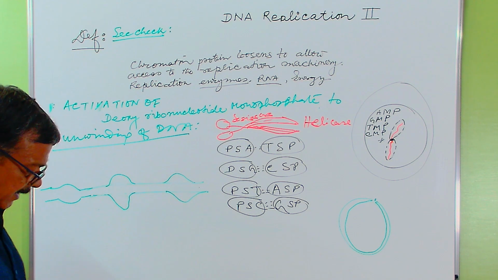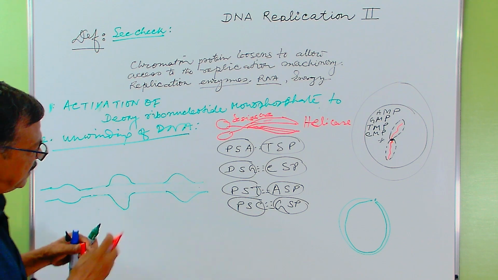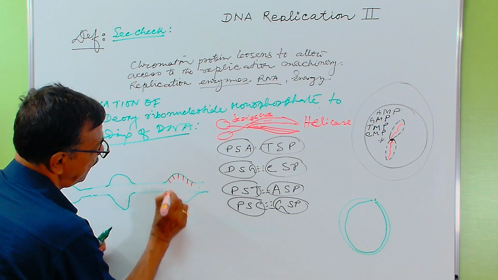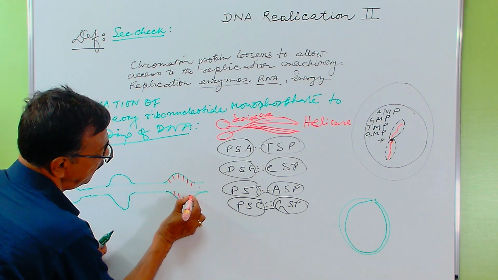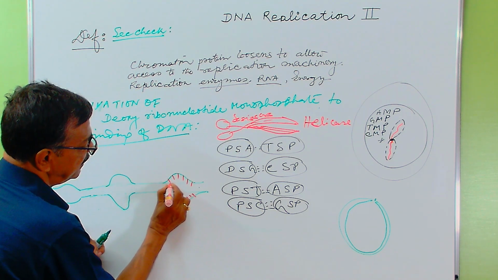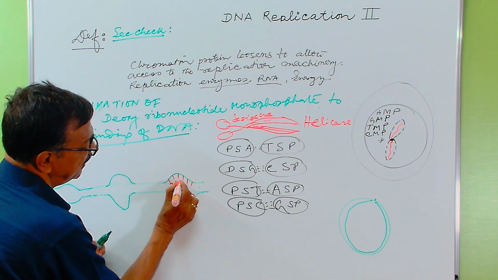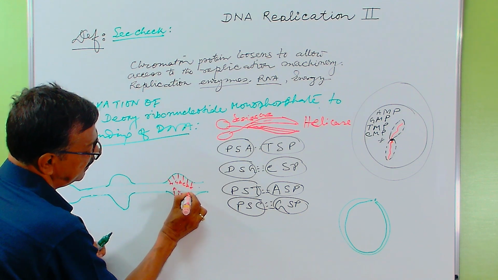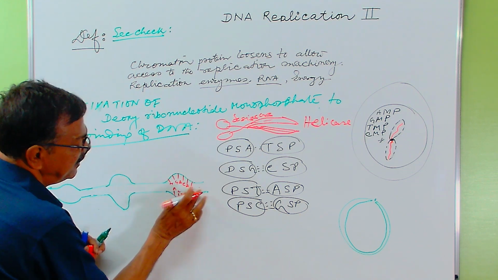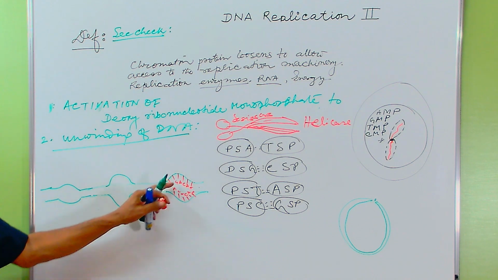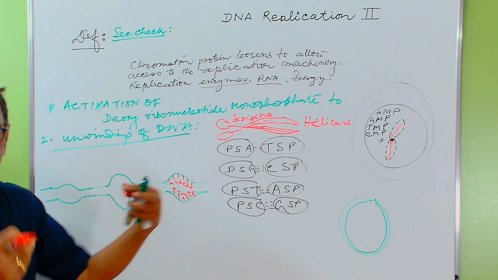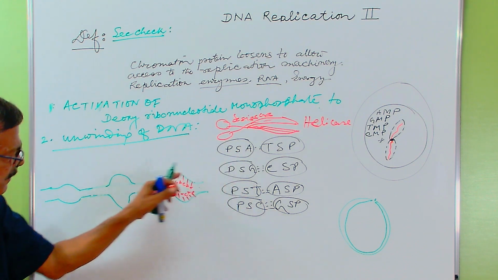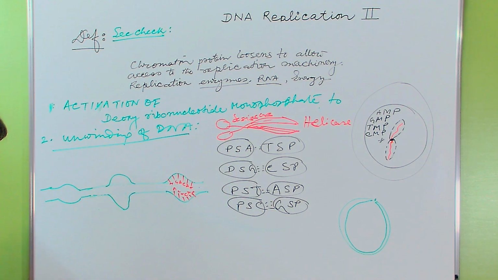First, the A, G, T, C bases are here: A, T, G, C, A, T, C, G, A, T, T, A. In this way they were bound, and the sugar and phosphate are also there. So actually, it is like this.